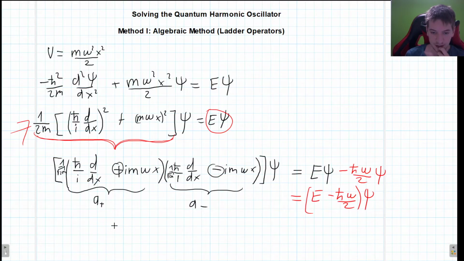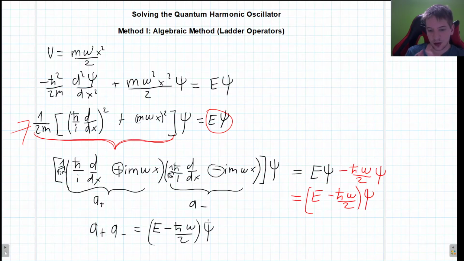So what we did here is that we found that A plus A minus acting on psi is going to be E minus h bar omega divided by 2 times psi. Now this might be a little weird, like why are we doing this? But these operators, as you will see, we need to know how they behave, because they will allow us to determine the wave function of this quantum harmonic oscillator in a very, very easy way.